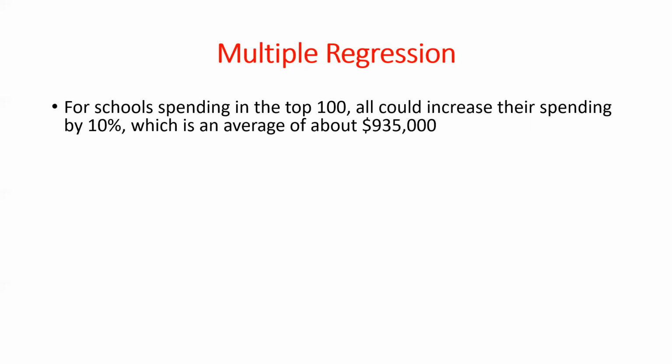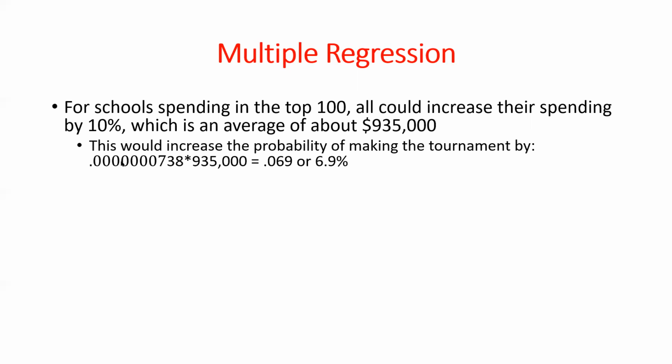So there are some revenues that could compensate you for that. So what would the effect of a $935,000 increase be? Well, we would just take that coefficient and multiply it by 935,000. So you get that for these schools in the top 100, on average, if they increase their budget by 10%, they would increase the probability they make that tournament by 0.069 or increase their chances by 6.9%, right? Just kind of converting that decimal, that proportion into a percentage there.